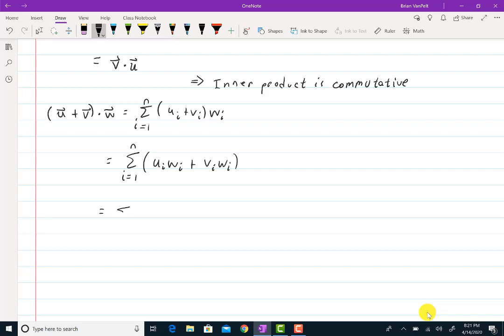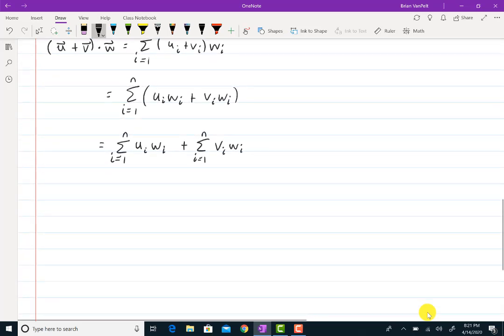A sum like this I can break up into a sum, i equals 1 to n, of Ui Wi plus the sum, i equals 1 to n, Vi Wi. And of course, the Ui Wi, that thing there, is U dot W, plus, and the other one is V dot W. So that is U plus V dotted with W equals U dot W plus V dot W. So this is sort of like, if you will, a distributive property.